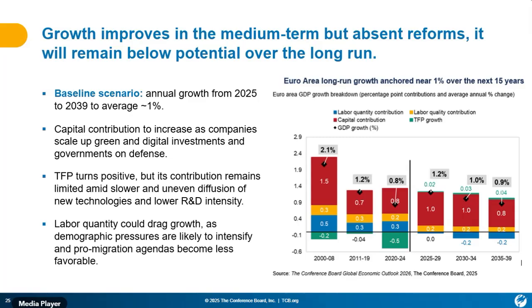We expect this to happen because of higher digital investment, as I said, and the broader diffusion of new technologies like AI. However, it's important to also note that the positive impact TFP will have on growth will be very, very limited. I highlight 3 reasons why this is the case for the euro area.